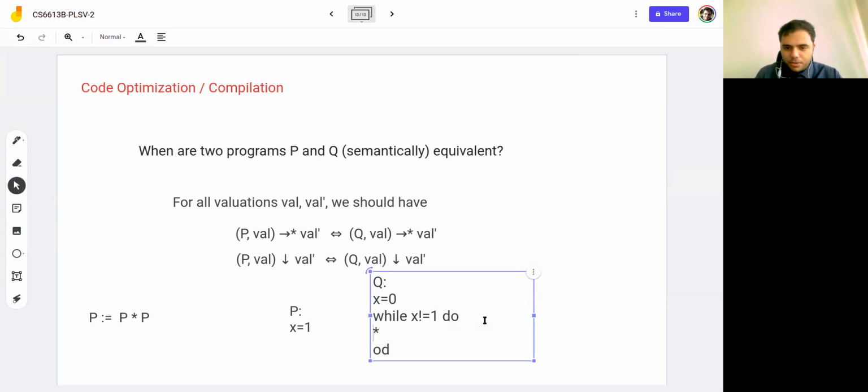So you have a non-deterministic choice between setting x to 1 or just skip it.